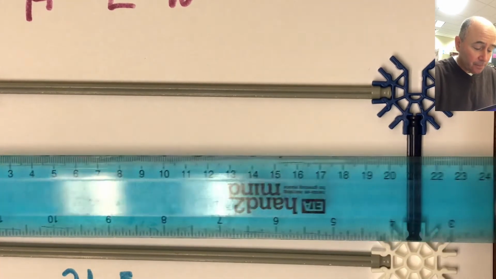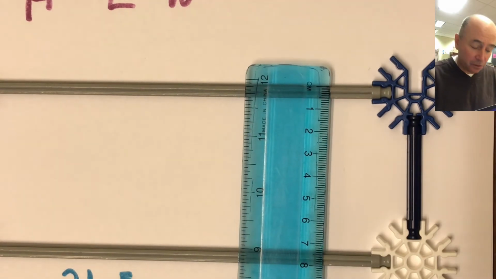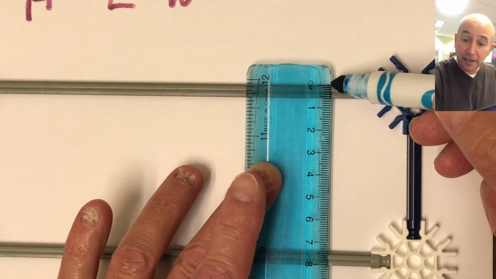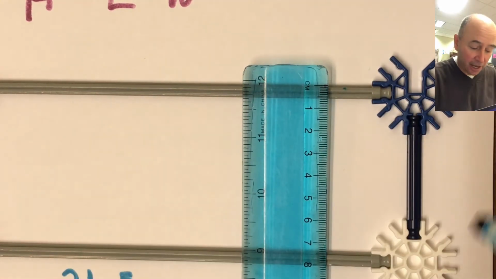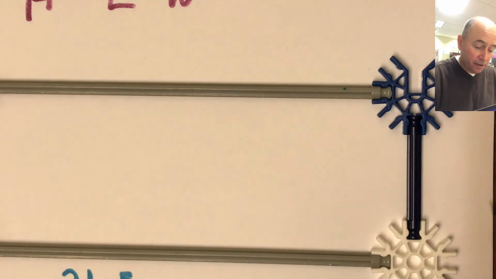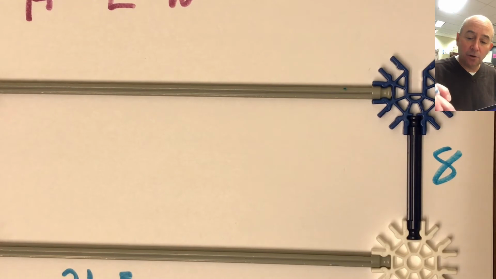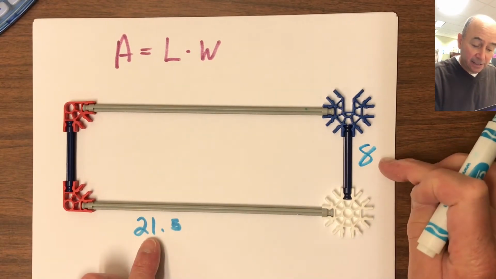Then we could do the width, and if we measure from the outside edge of this rod to the outside edge of this rod, you'll see that we have a width of 8 centimeters, okay? So what we're working with is 21 5/10 and 8.